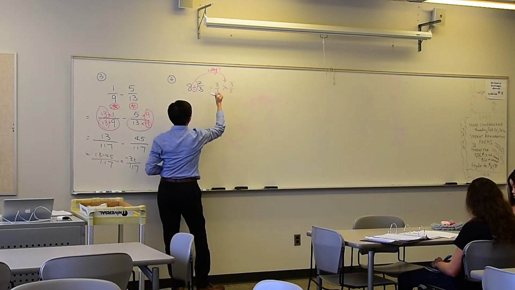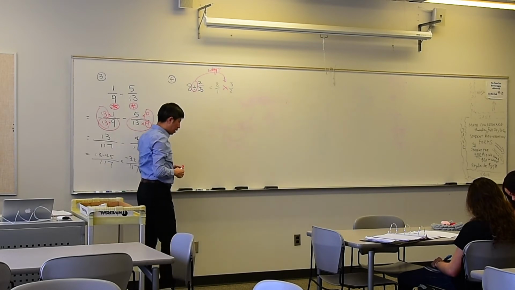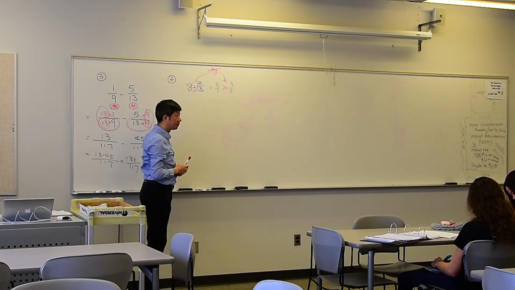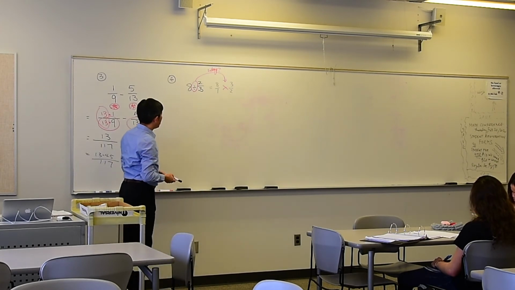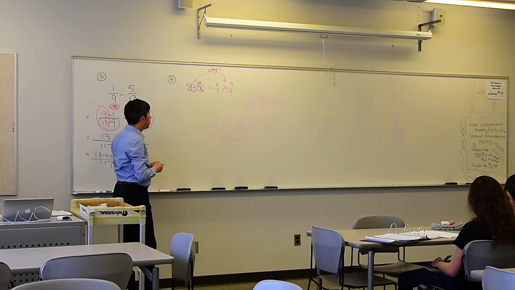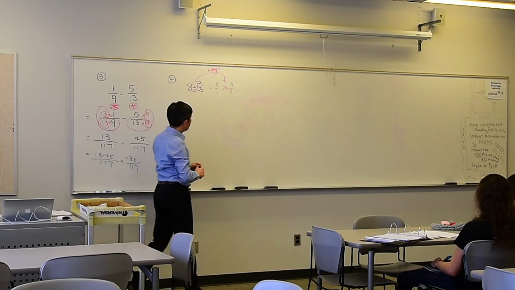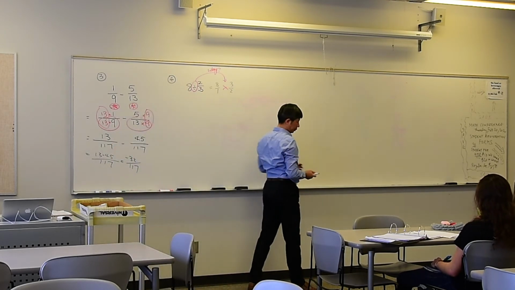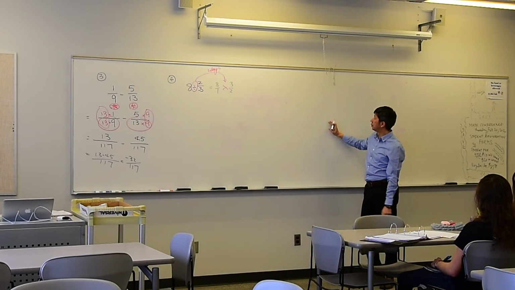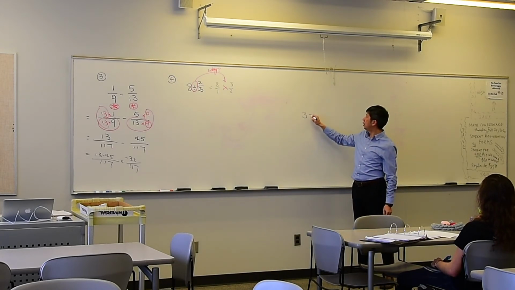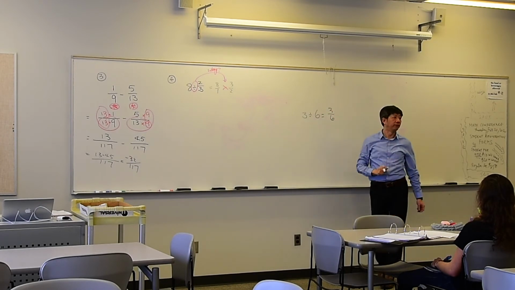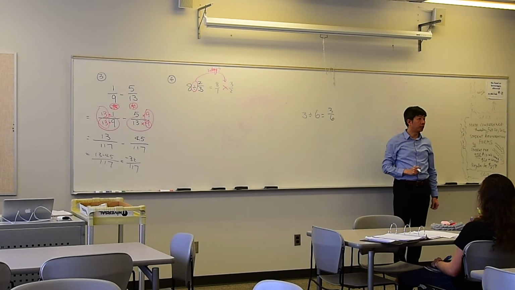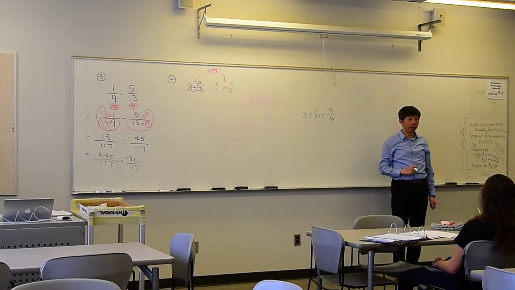Why have we changed division into multiplication, and then we have to flip, okay? Before we do this, let me ask you. If I can say 3 divided by 6, can I say 3 over 6, yes or no?